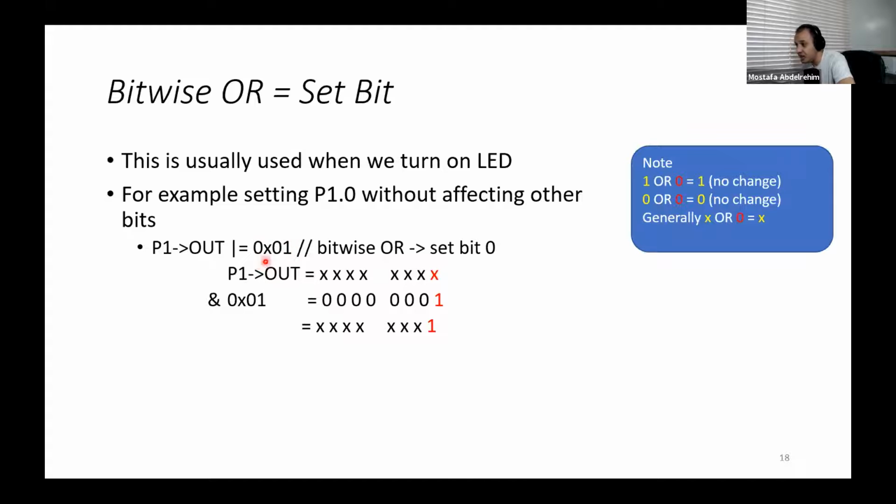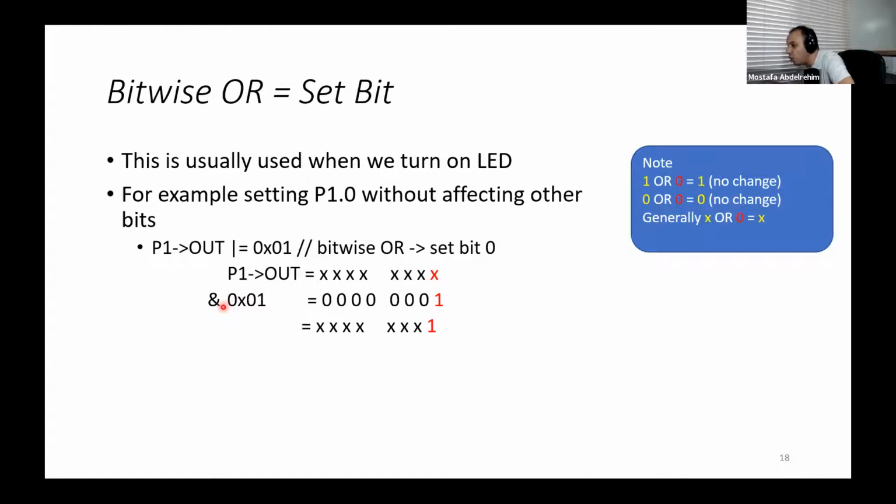So let's analyze what's going to happen exactly when we run our code. Assume that the B1 out register has some 8 bits, whatever they are, X means don't care, I mean 0 or 1. But you want bit 0 to be set to 1.